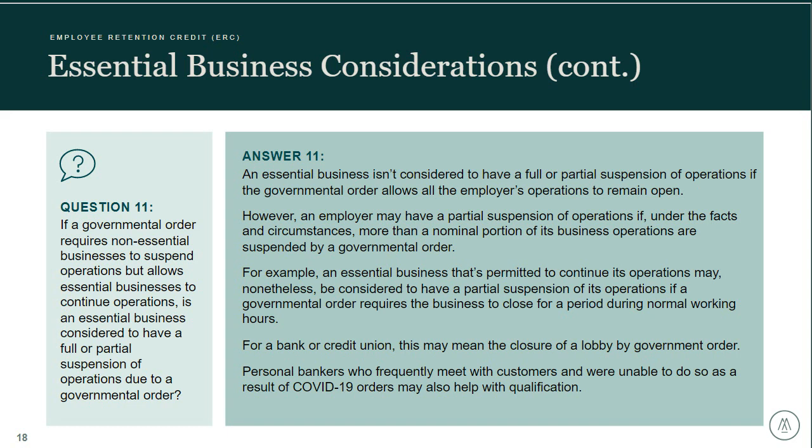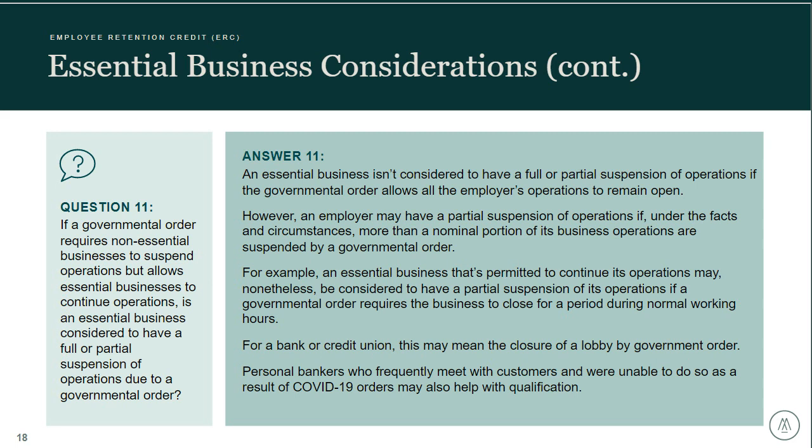So for instance, a bank or a credit union, if there was a closure of a lobby by government order, if for instance there were social distancing requirements, and the bank had someone come in, maybe an engineer, who did a study and basically said, you physically can't operate your facility because there isn't enough room to comply with the government order.